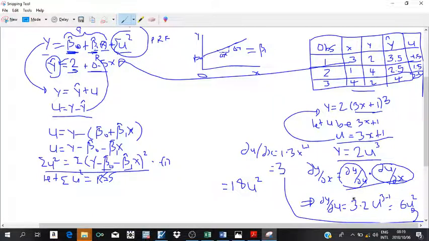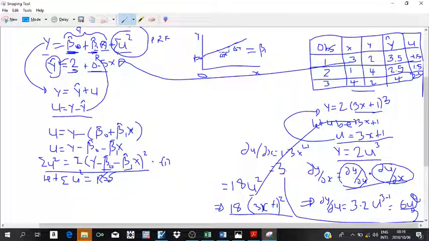It's simply 3 times 6 and then u squared. Because we know u from here, the final answer we can write as 18 open bracket 3x plus 1 raised to the power 2. This would be the final answer.